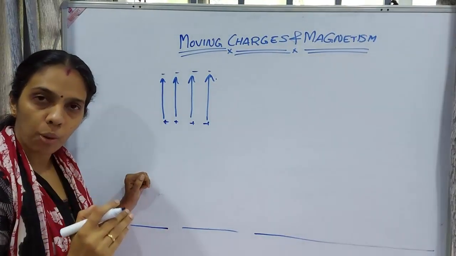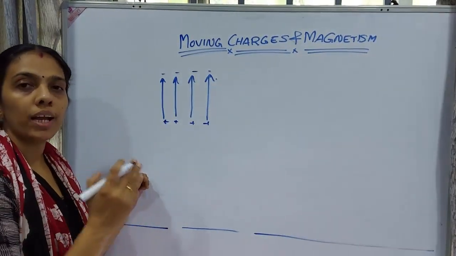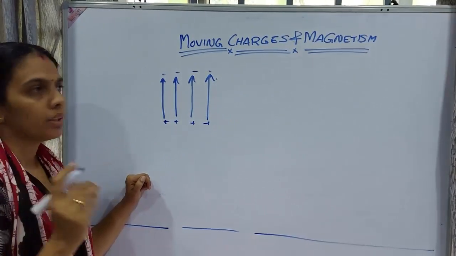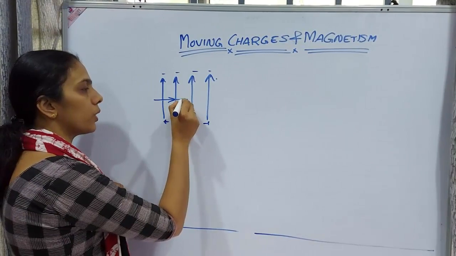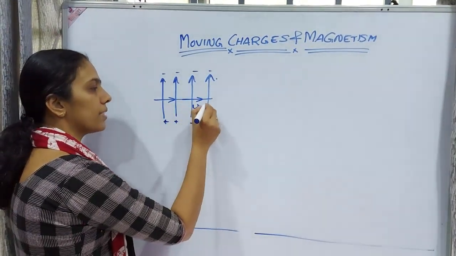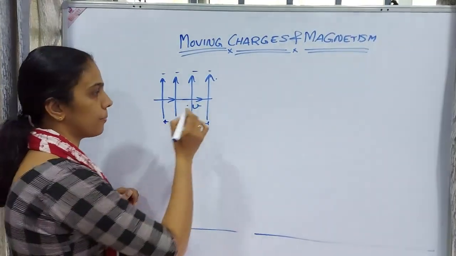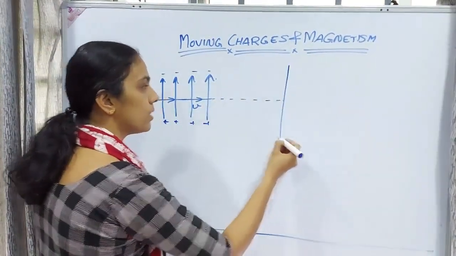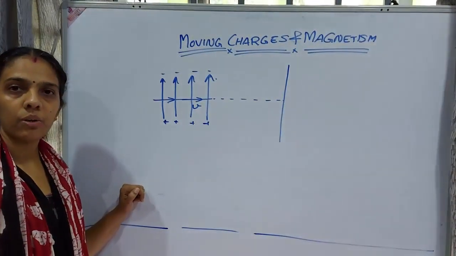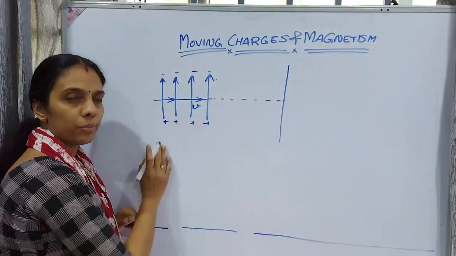In this uniform electric field, a charged particle is moving. When the charged particle is coming with a particular velocity v, if no force acts on the system, then it will come directly to the target, the destination point.